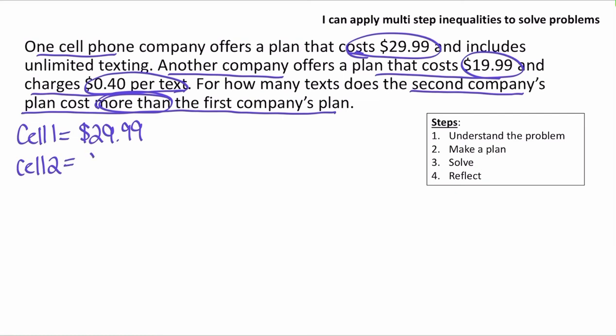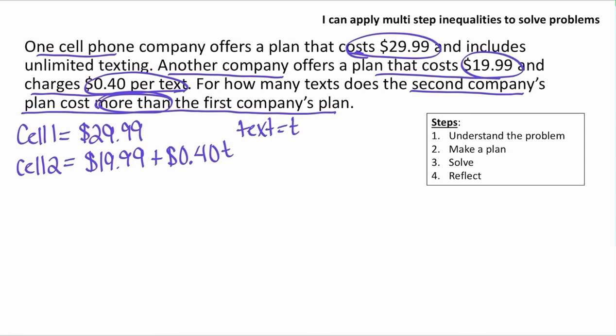That is going to cost $19.99, and then we're going to add 40 cents per text. We're not given a variable, so we can define it ourselves. I'm just going to call text equals T. You can pick any variable you like, but I'm going to call it T.